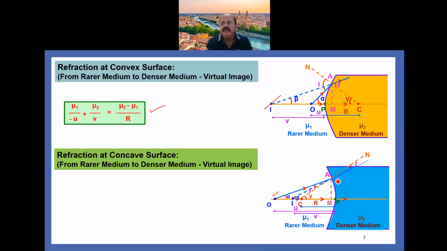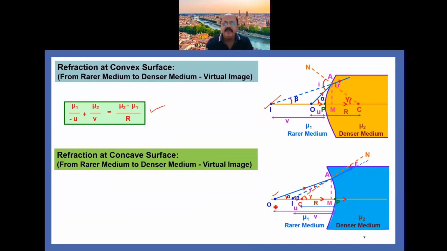So that's why we extend in back direction and appears to come from point I. Then I is the virtual image of point object O. And rest of things are the same as we performed in case of the convex surface.